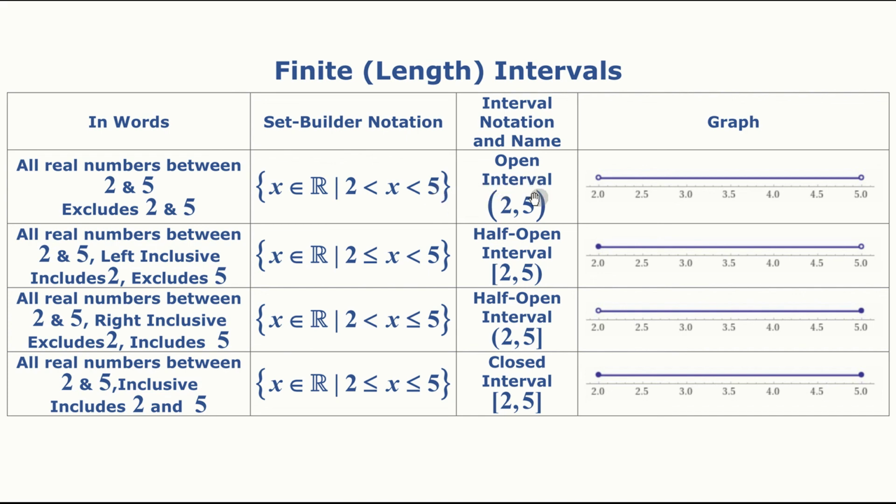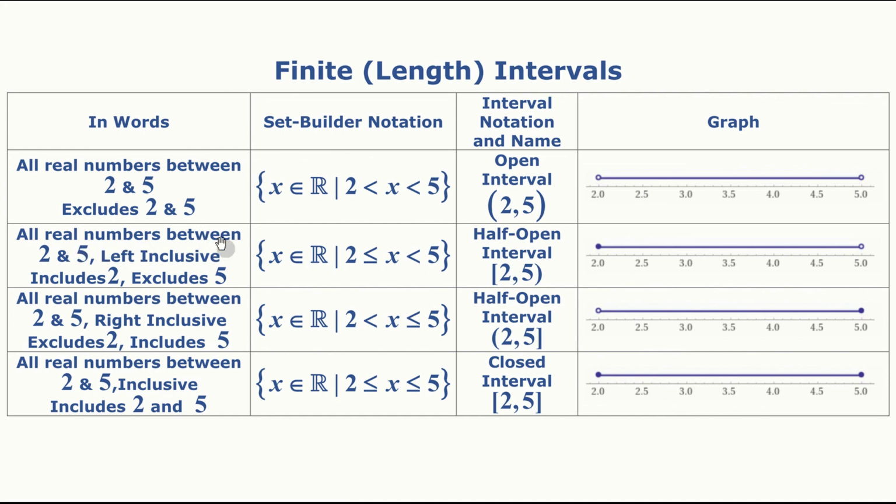Now this would be called an open interval, and we would say open interval 2, 5, and we would graph it like this. It would be open circle at 2, open circle at 5, and we just connect the segment just like that. So there is the set in blue right there.